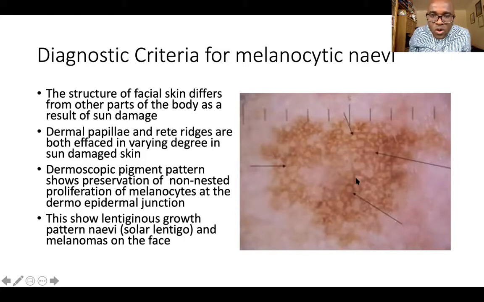So this will also have a similar look to what you get in a solar lentigo. In fact, it's very difficult to distinguish between a solar lentigo and just a normal melanocytic nevus on the face, because of the way they look on dermoscopy.